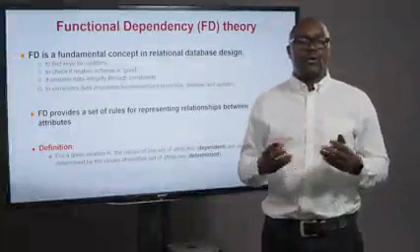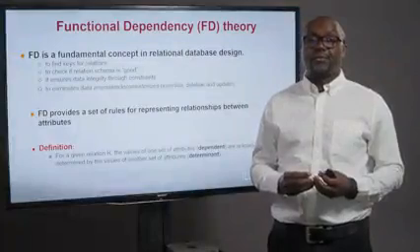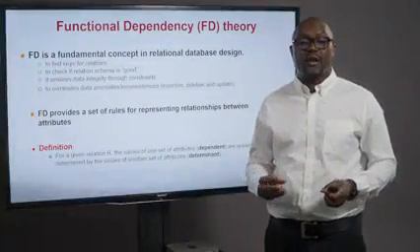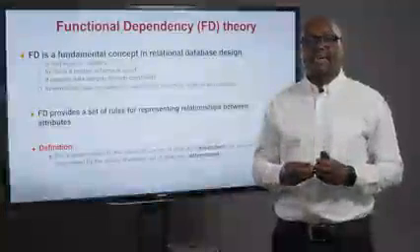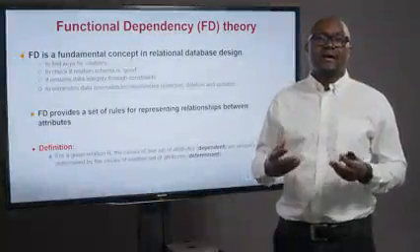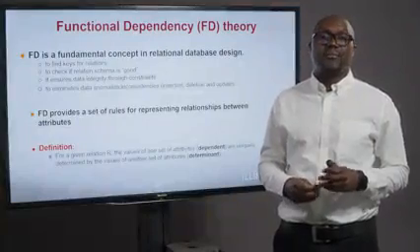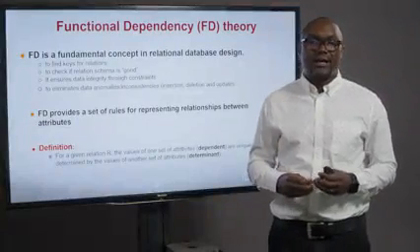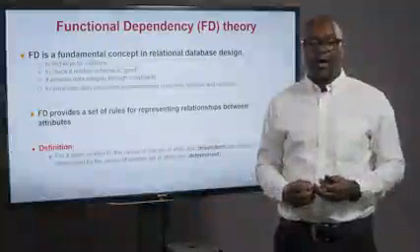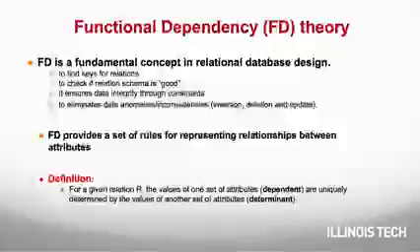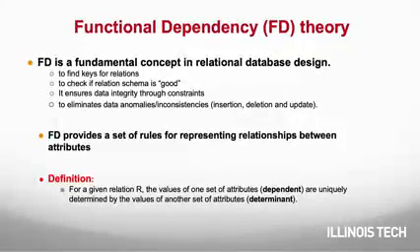Of course, we look at data integrity through enforcing some constraints, and it helps us to eliminate any data anomalies that may arise from insertion, deletion, and also update operations. The functional dependency provides a set of rules for representing relationships between attributes.